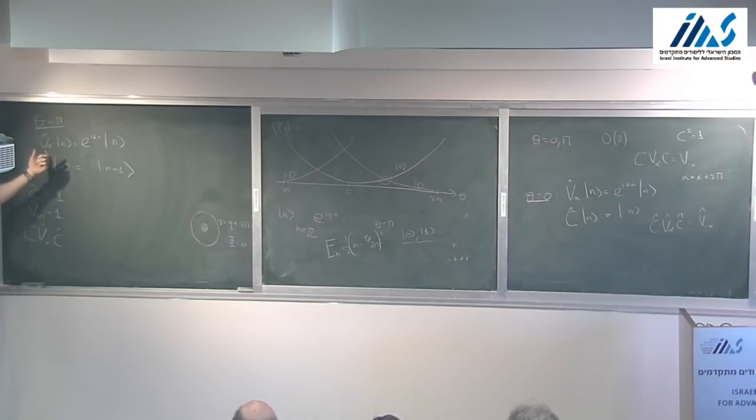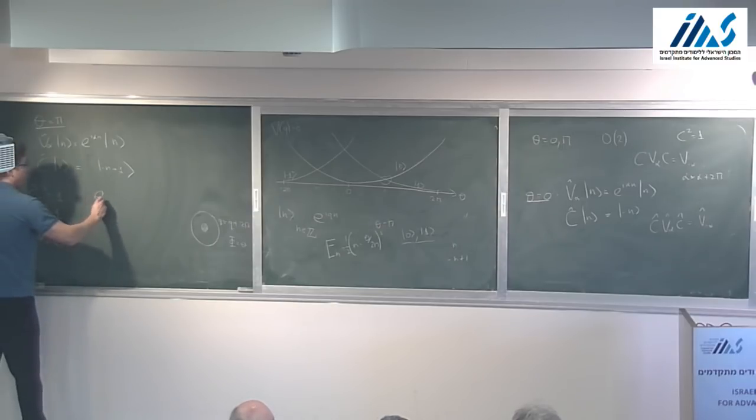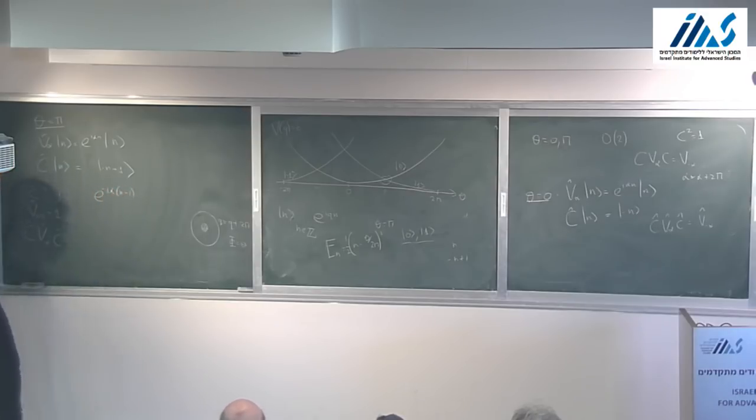You act with c again, and you get the state n again, but with some phase, which is e to the minus i alpha, n minus 1. And that's not quite the same as acting with v of minus alpha. There is a mismatch. But amazingly, this mismatch is independent of n. And this is why there will be some interesting discussion to be had.